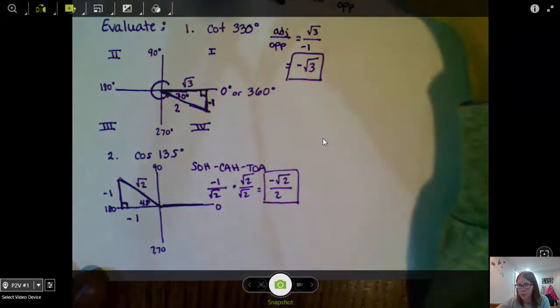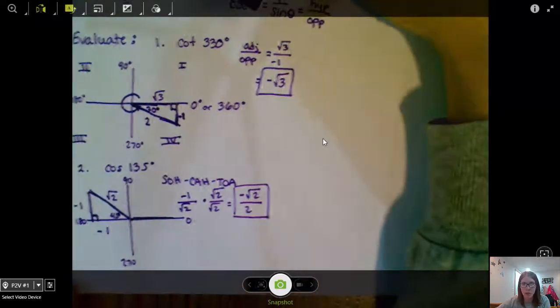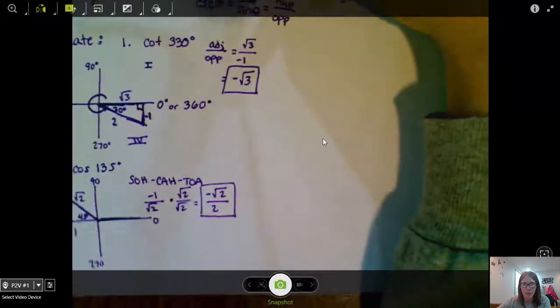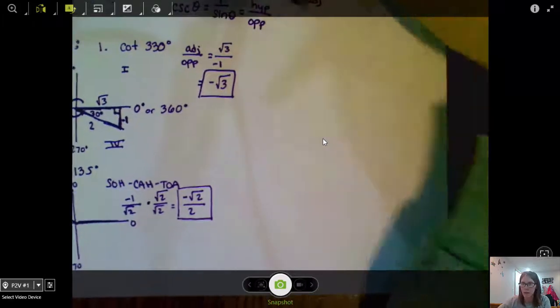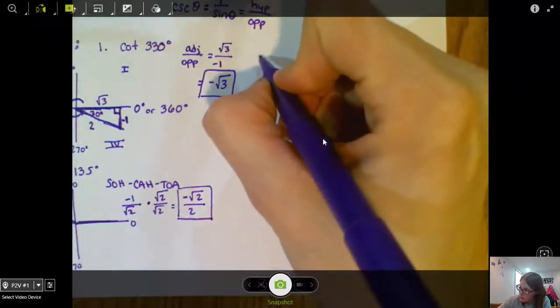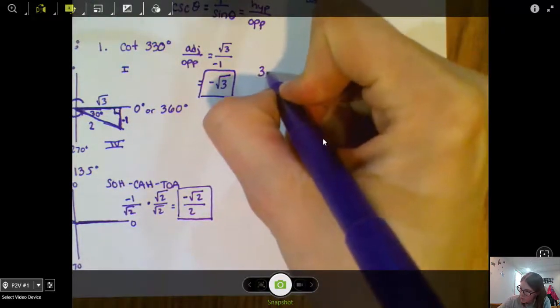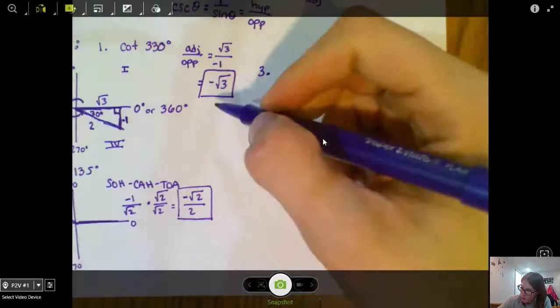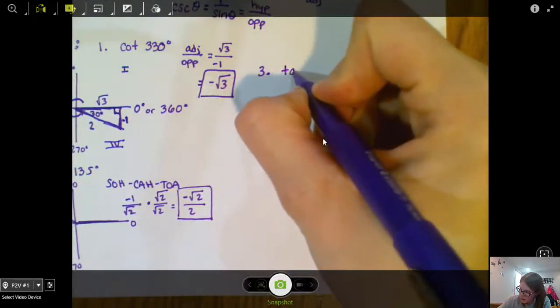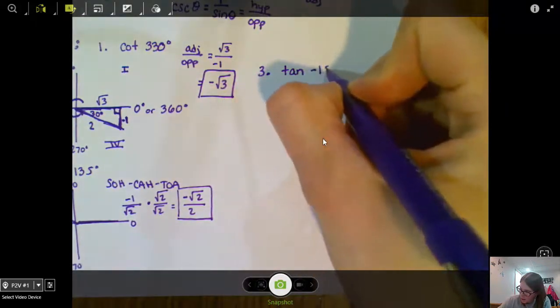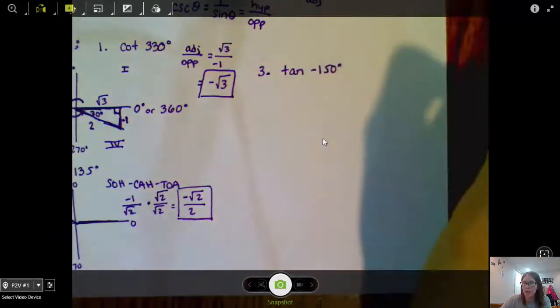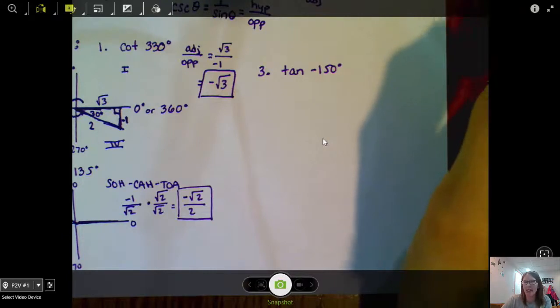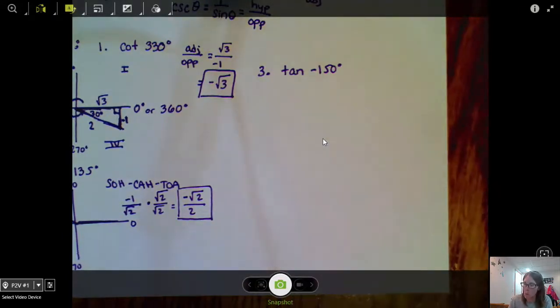And then one more example here. Example 3. Let's do the tangent of negative 150 degrees. Ooh, a negative angle. What does that mean?